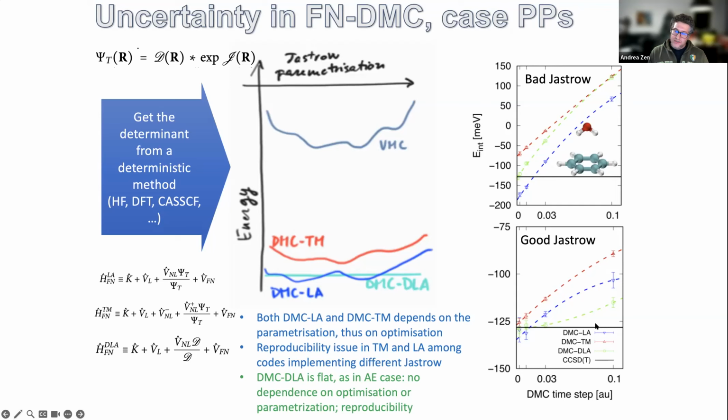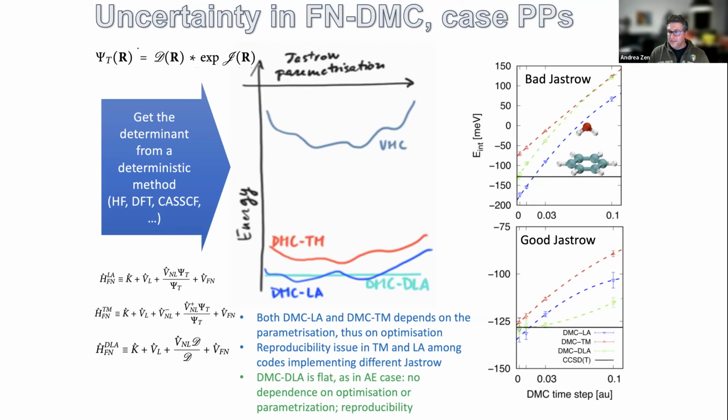However, if my Jastrow is not optimal, which in this case I made on purpose, though not so bad that you can see something wrong in the variance, it was just a Jastrow for a slightly more far away water from benzene.